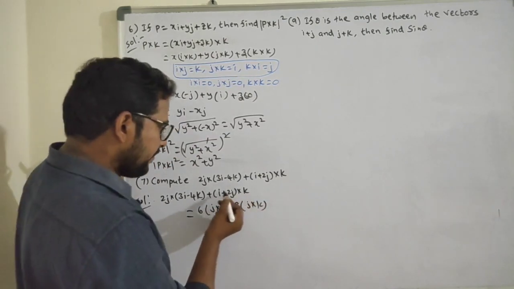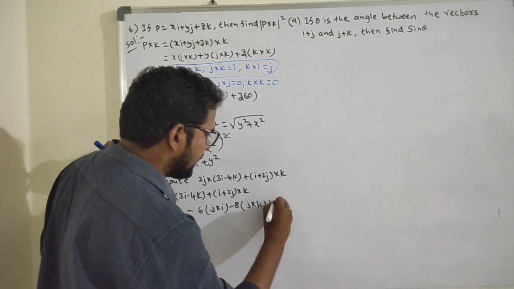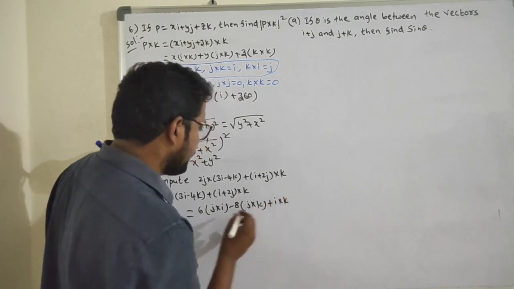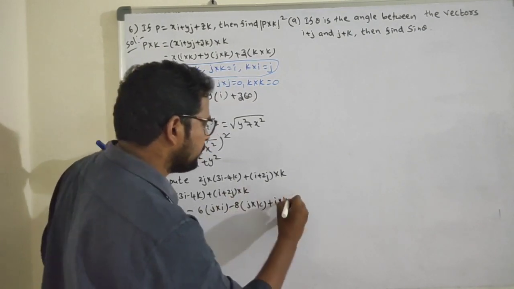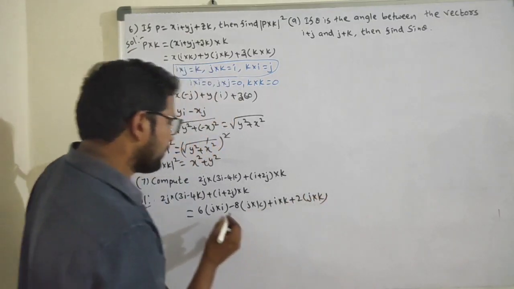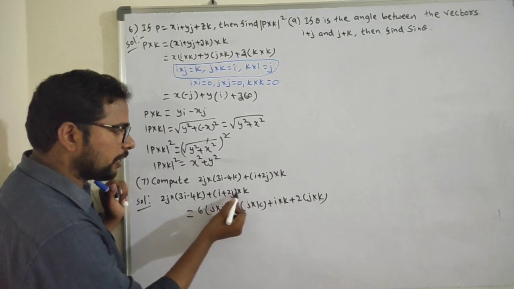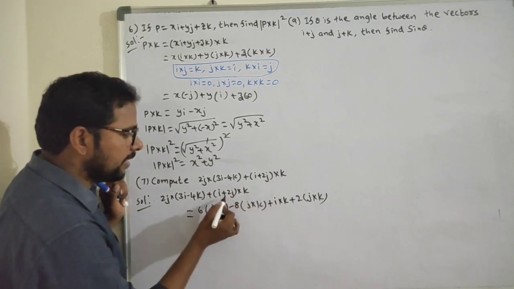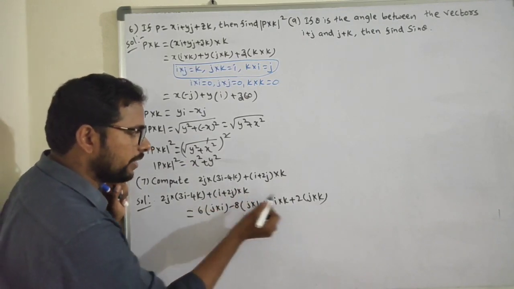Next I cross k plus I cross k. Next 2 into j cross k.